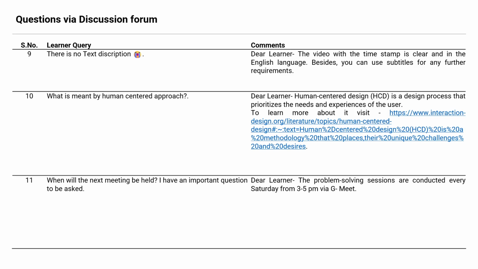Then there was a question on the human-centered approach. So it's basically about prioritizing the needs and experiences of the user, which is about keeping the human at the center of the entire design process. However, there's another term which is called planet-centered design, which is also getting famous, which means that you're also taking care of the planet.